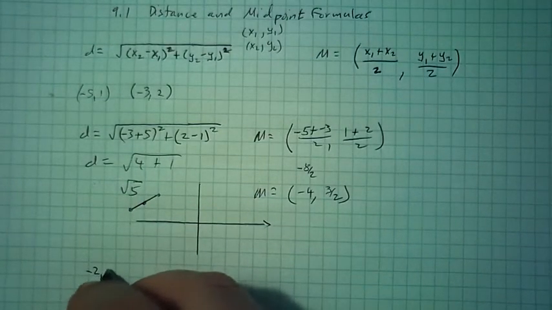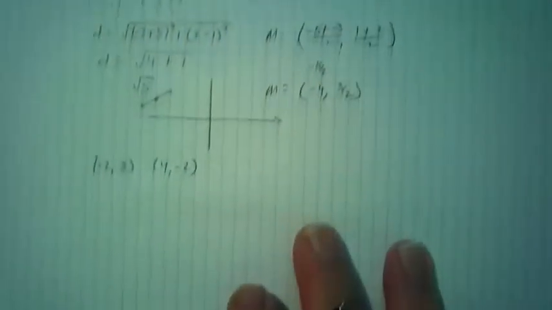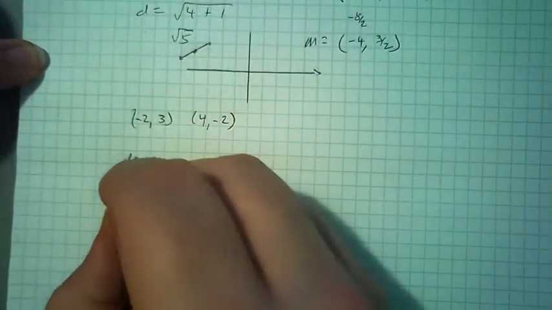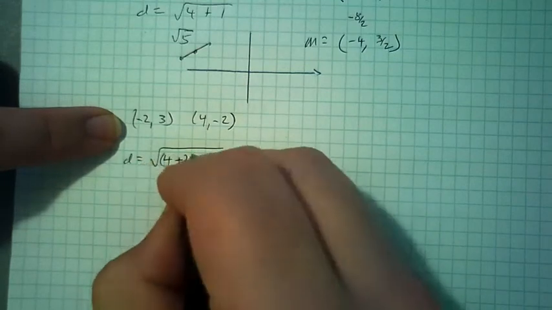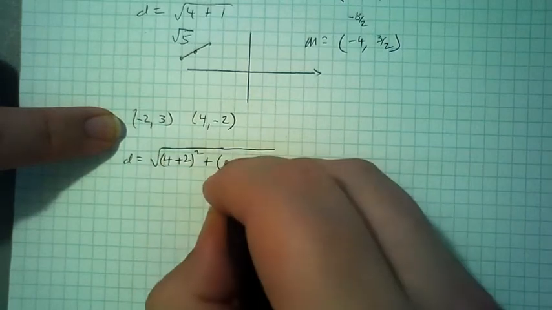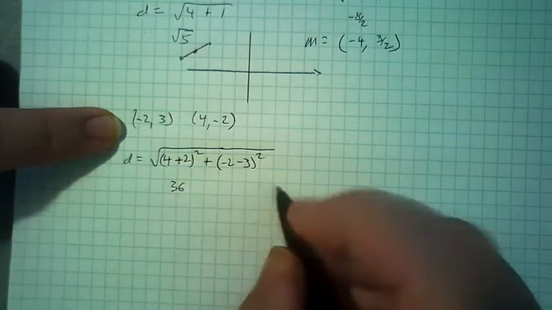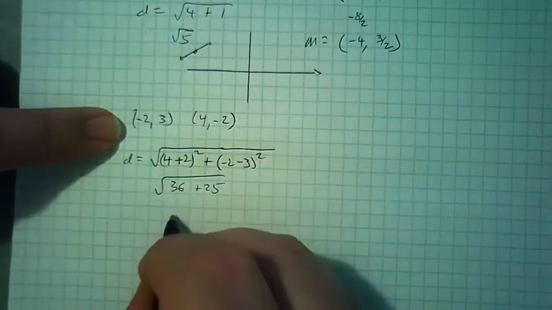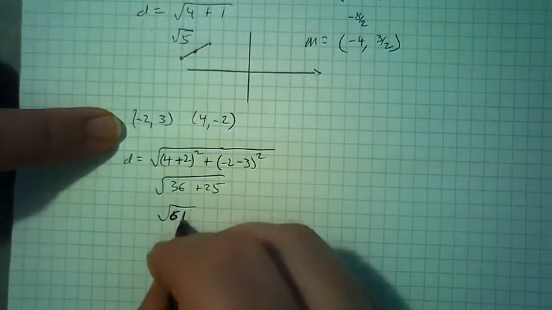Let's do another set. Negative 2, 3 and 4, negative 2. The distance between these two points we'll find by doing the square root of 4 minus negative 2 squared plus negative 2 minus 3 squared. 6 squared is 36. Negative 5 squared is 25. So this is the square root of 61.